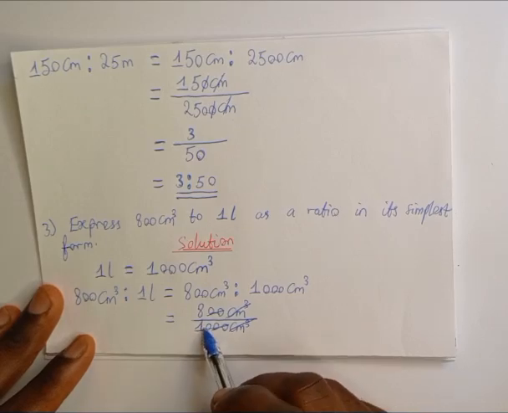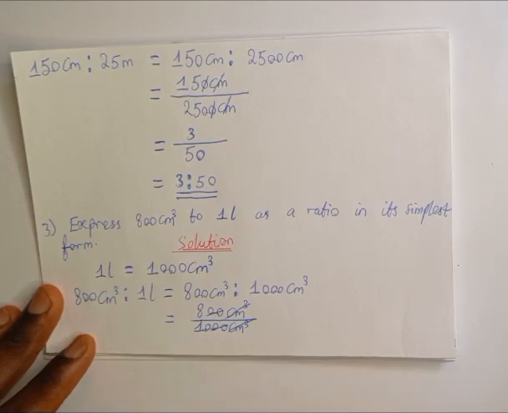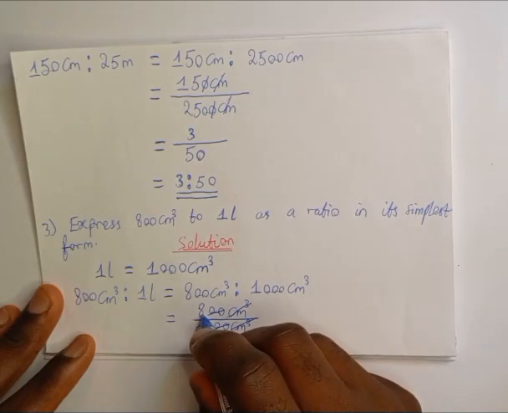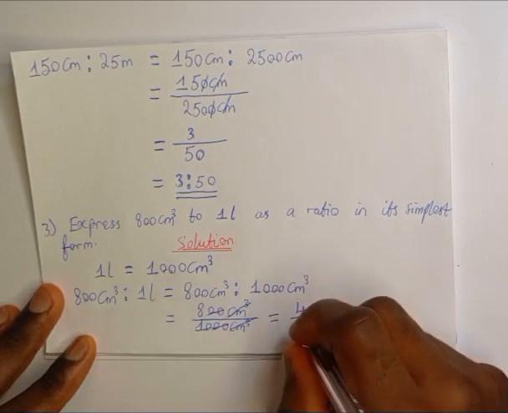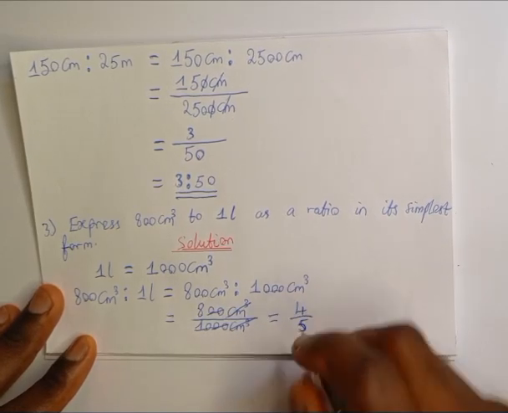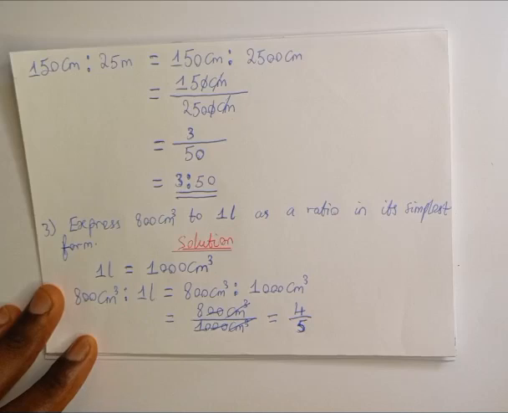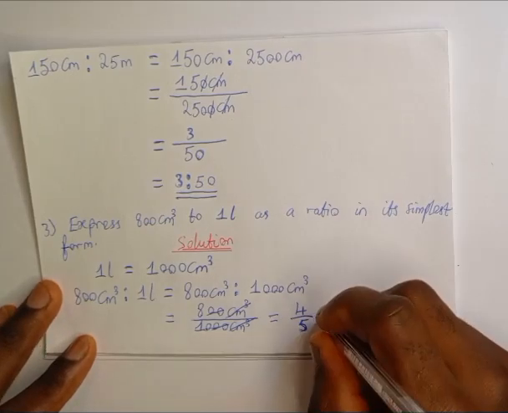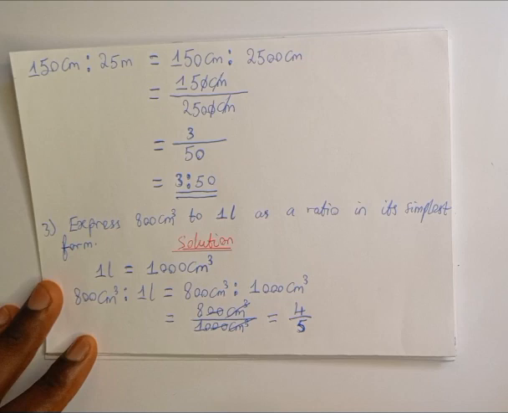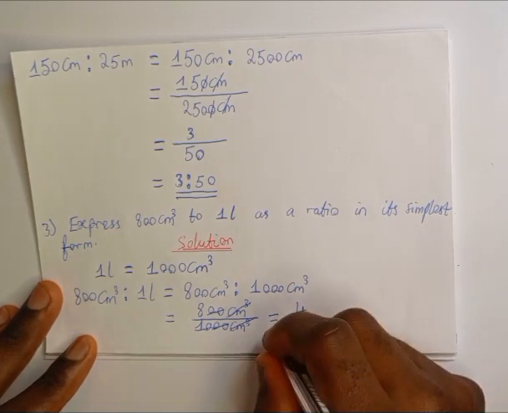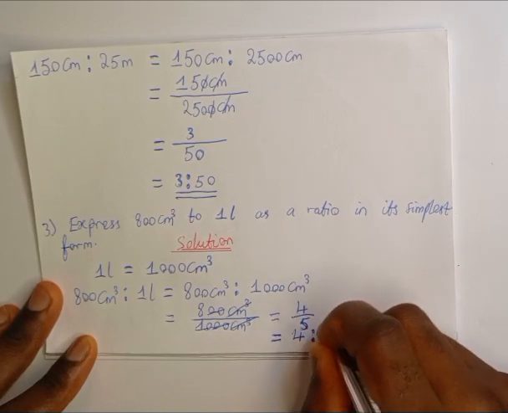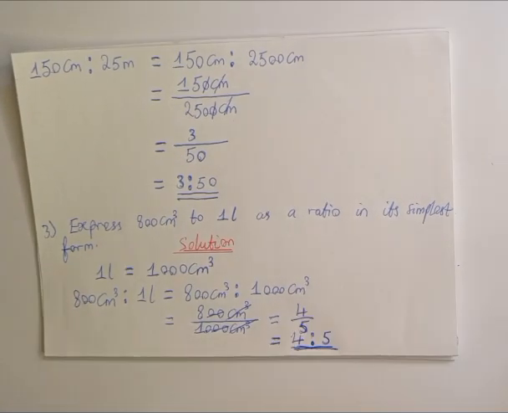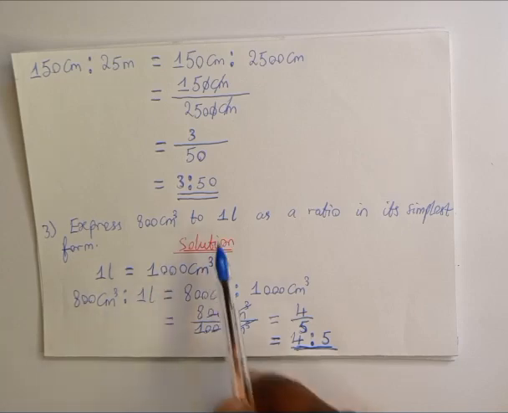The highest common factor of 8 and 10 is 2. 2 will go into 8 4 times. 2 will go into 10 5 times. The numbers 4 and 5, they are relatively prime. That means the highest common factor is 1. In this case, we are going to express the fraction 4 over 5 as a ratio. This will simply be equal to 4:5. Therefore, 800 centimeters cube to 1 liter as a ratio is 4:5.